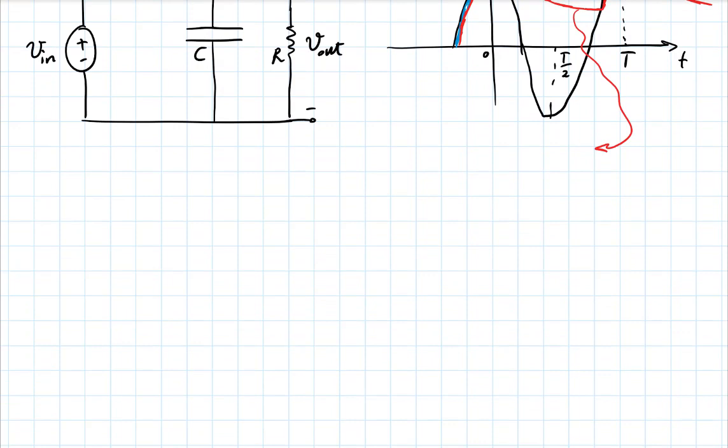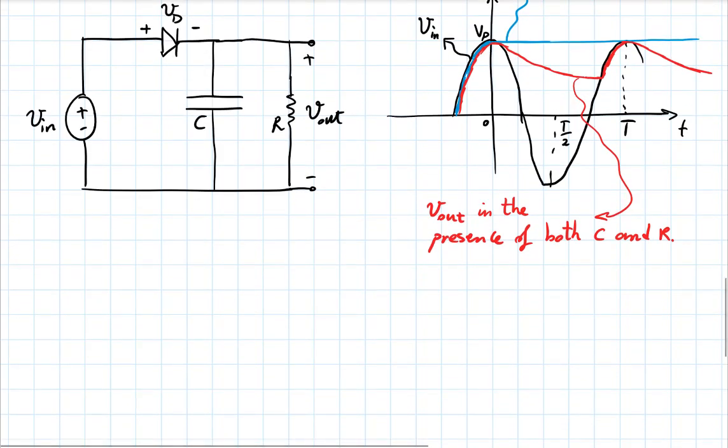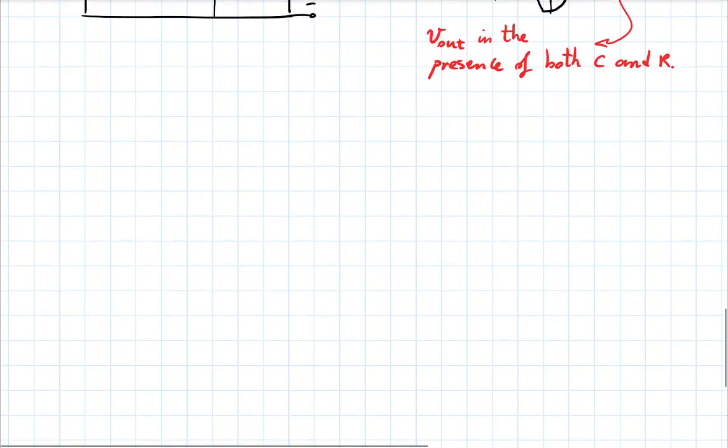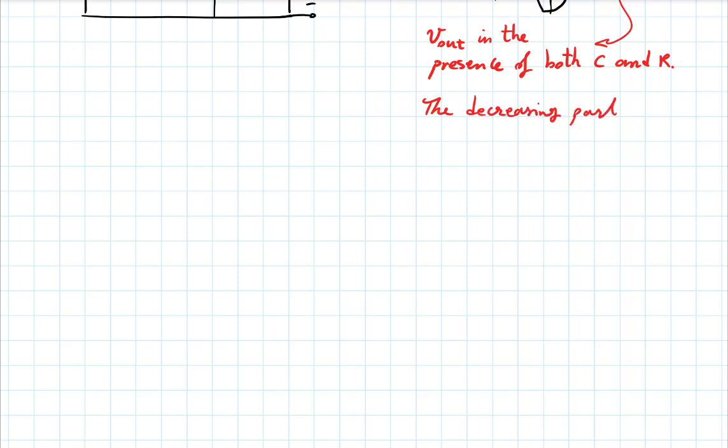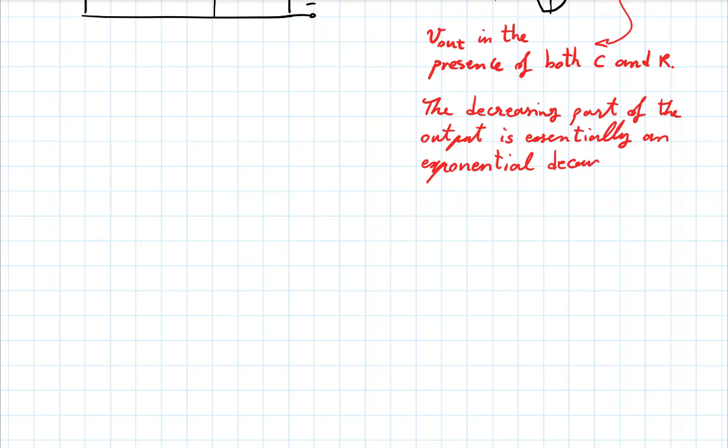So this is V out in the presence of both C and R. And the decreasing part is just an RC circuit, essentially an exponential decay, with the time constant RC.